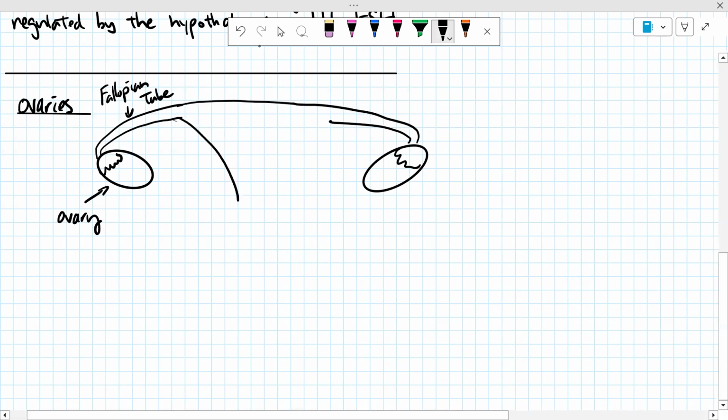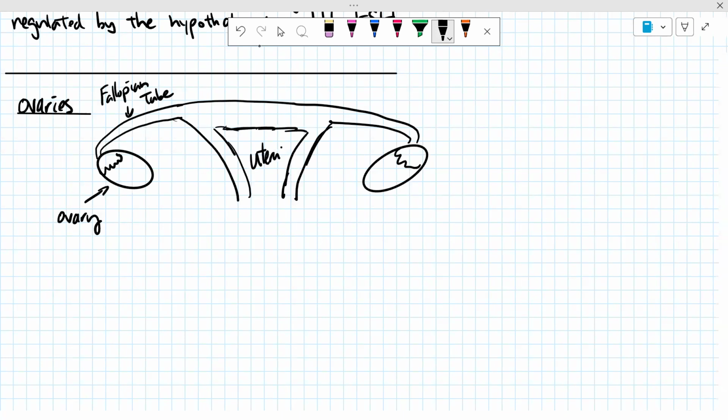And that is going to be the uterus, right? With the muscle. Fundus and then cervix, right?